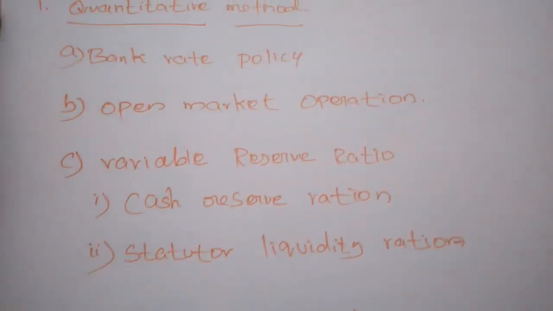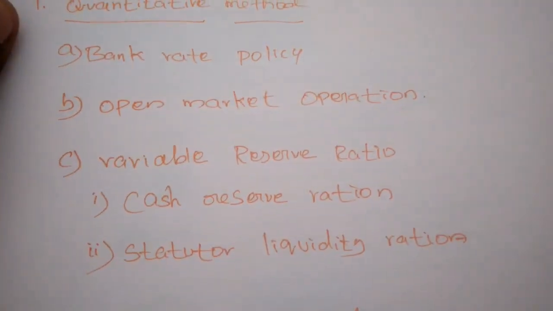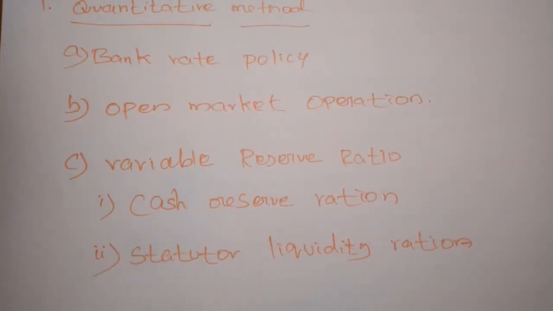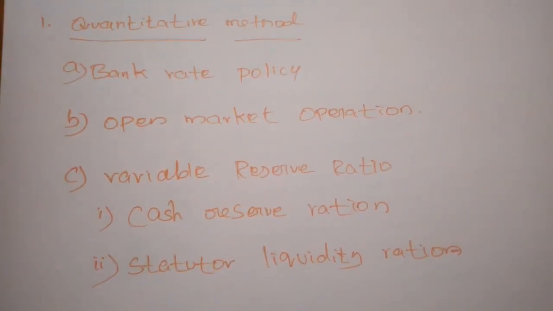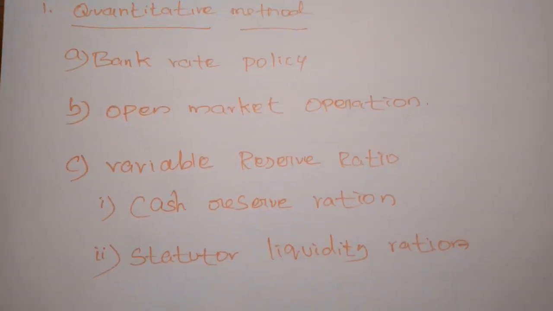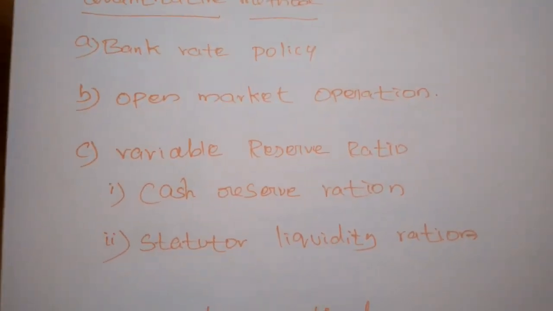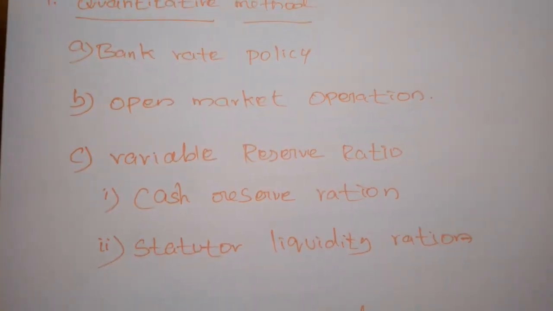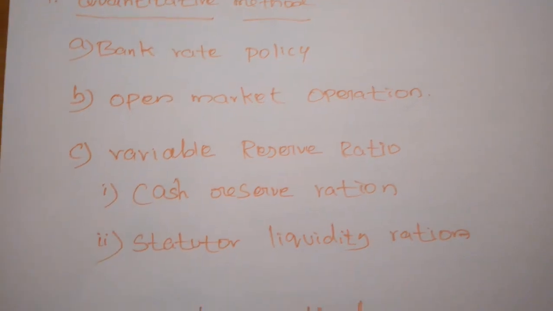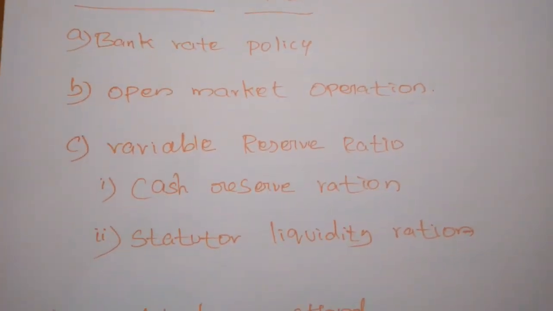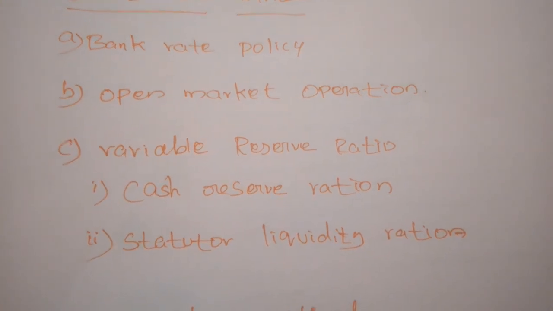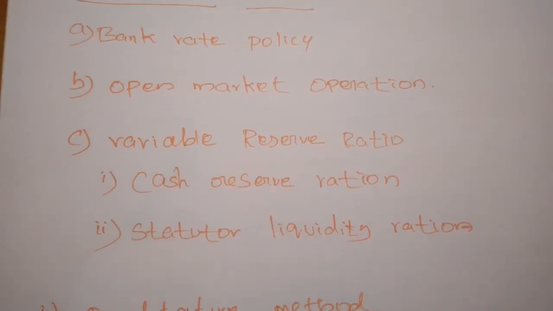Now, if the Reserve Bank increases the rate of interest on lending money to the commercial bank, the commercial bank also has to increase the rate of interest for the entrepreneurs and individuals. If the rate of interest is higher, individuals and entrepreneurs will not be interested in borrowing money from the commercial banks.